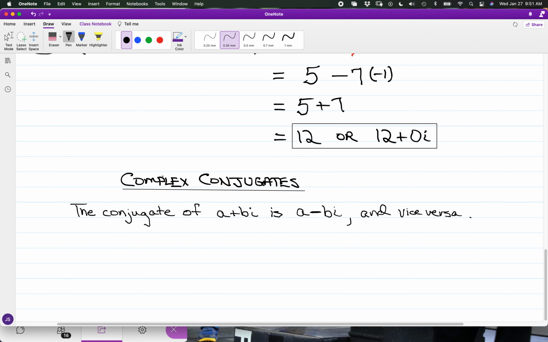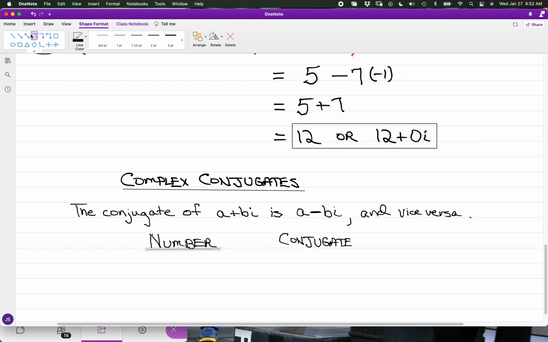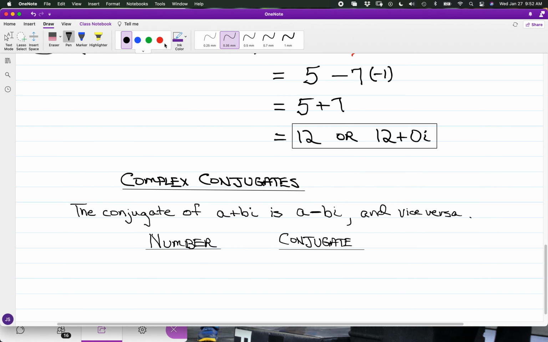And let's say just taking as examples. Now, if you have a complex number and you're looking for the corresponding conjugate, we'll just start out with something like 4 plus 3i.